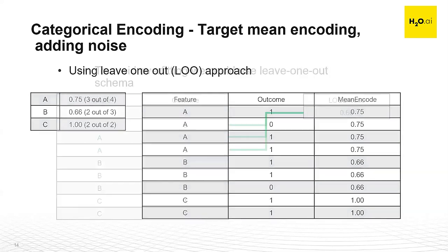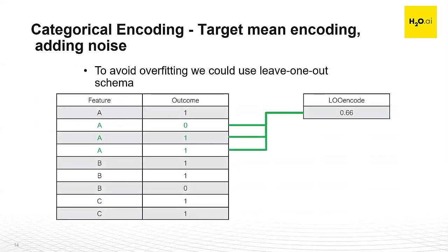So one way to overcome this is to always leave 1 out when we try to create this type of target encoding. As you can see here, for the first row of A, I will use the remaining rows in order to estimate my average for that row. I have 2 1s and 1 0.